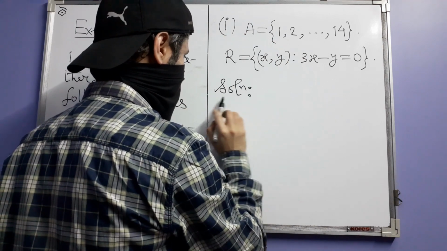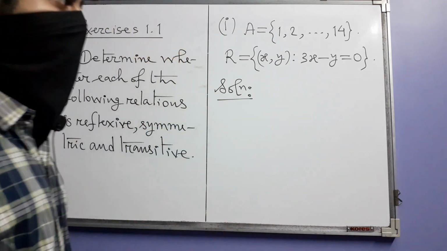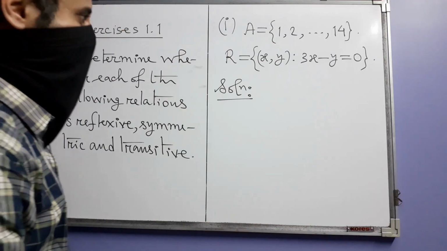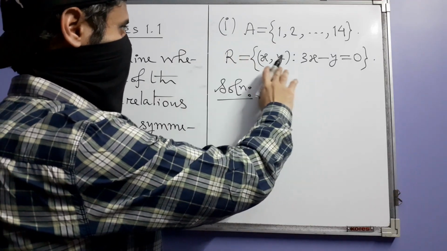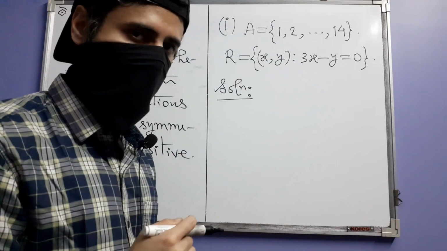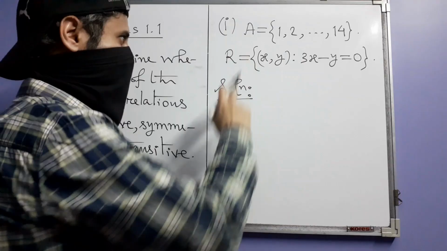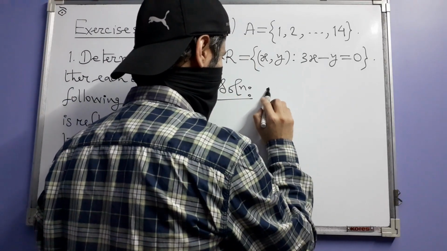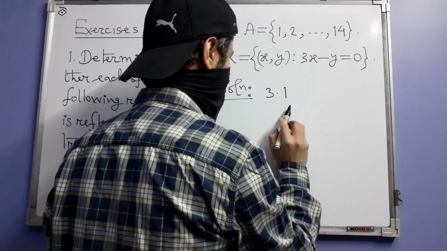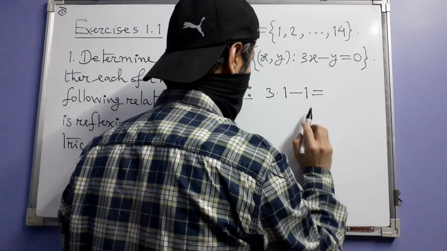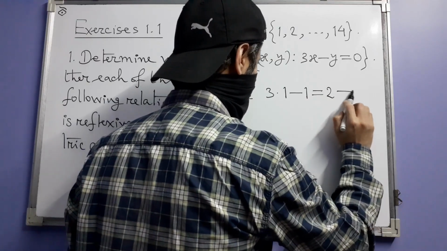You can write the sentences, the language, everything yourself. Let us just see the mathematics. For the relation R to be reflexive, (x, x) has to belong to R for every x in A. That, however, is clearly not true because 3 times 1 minus 1 is equal to 2.